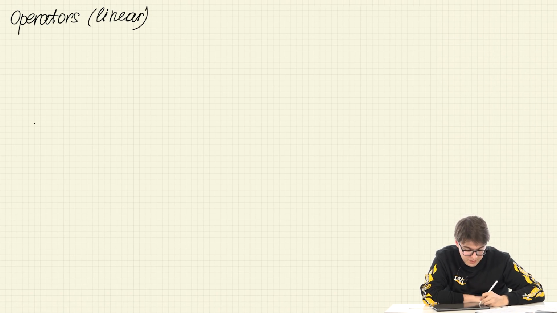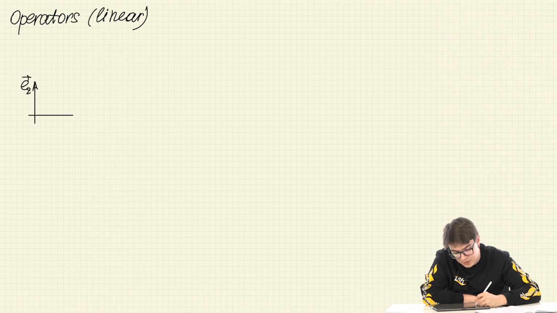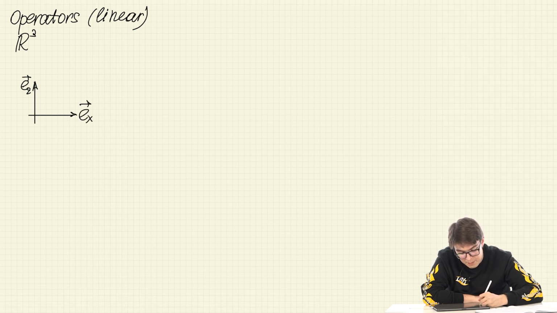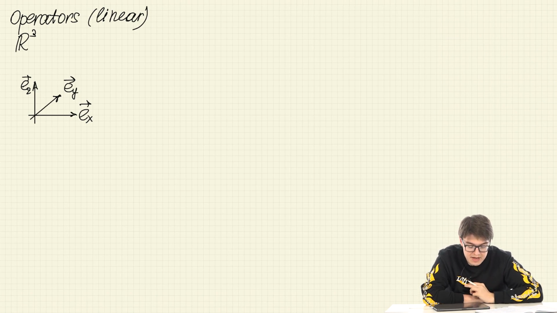So, assume that we have a base of vectors. What is actually a base? The simplest example is three-dimensional real space. So we have three base vectors: ex, ey, and ez. Three base vectors, the minimal system of vectors which can be used for the description of any other vector.